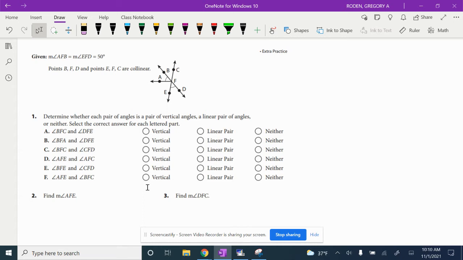Remember, the given is that the measure of angle AFB is equal to the measure of angle EFD. I want you to use that information to find the measure of angle AFE, and to find the measure of angle DFC.